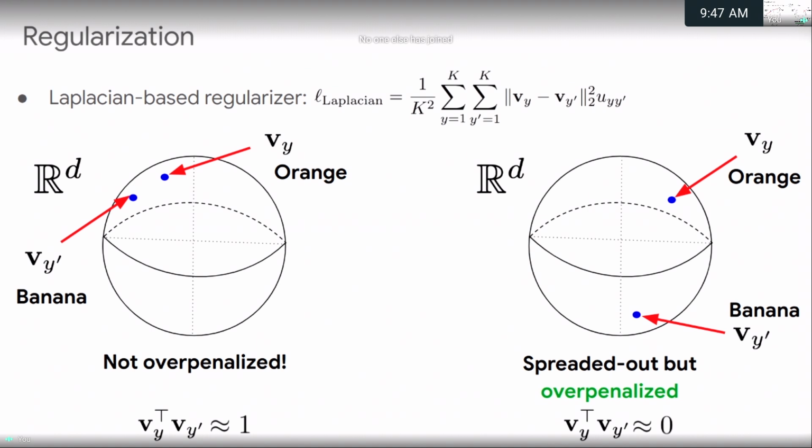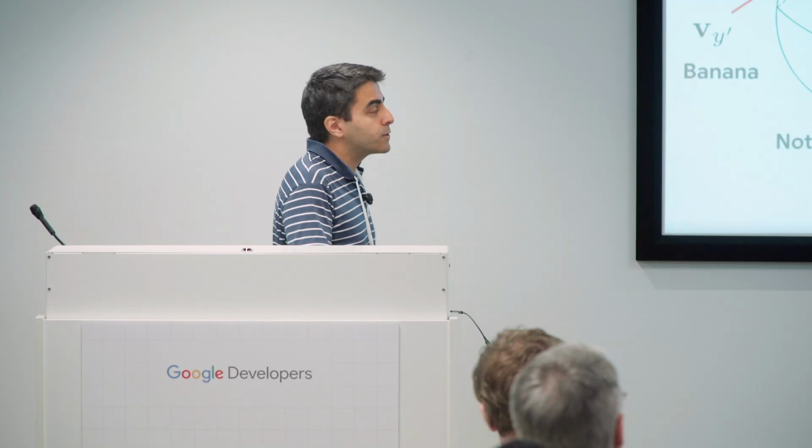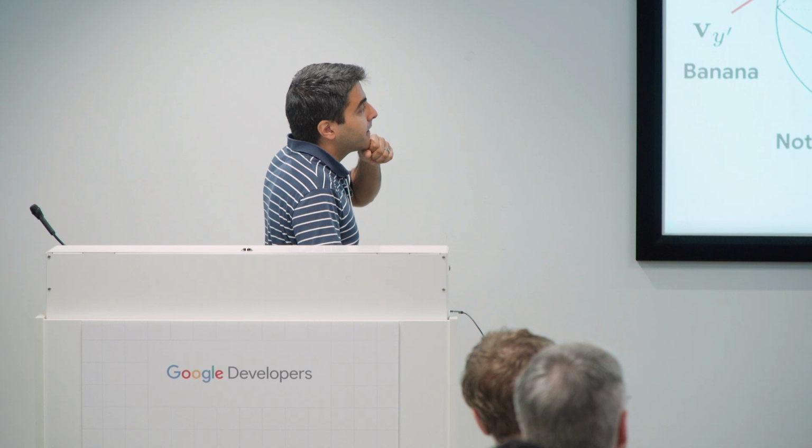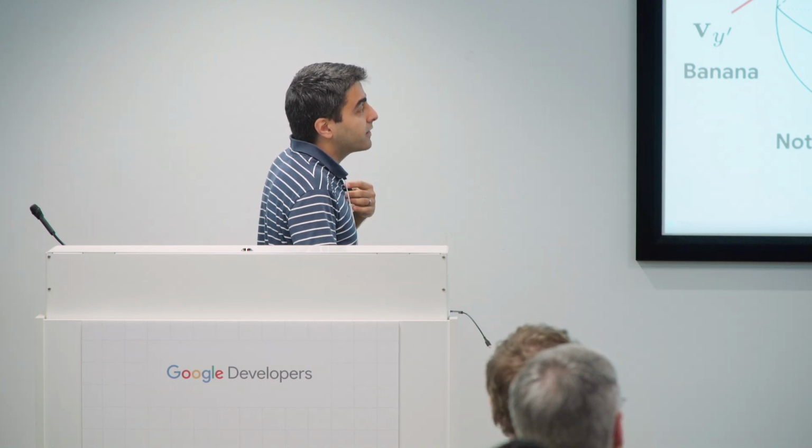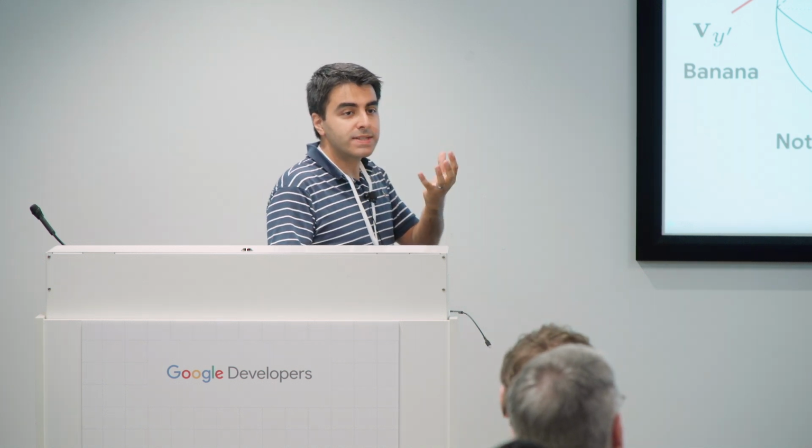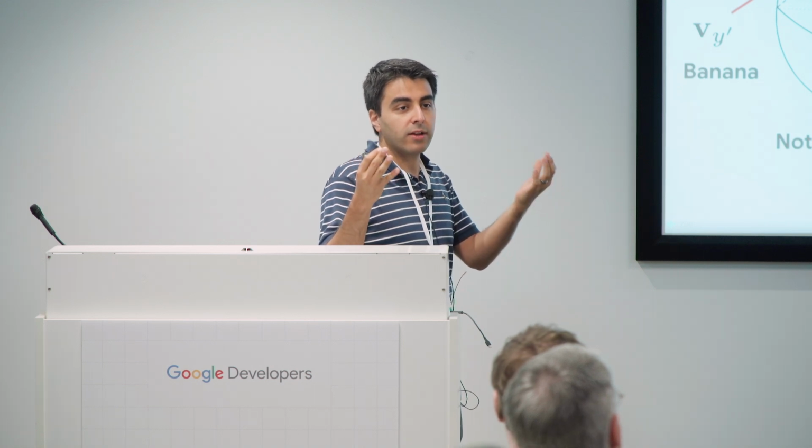So mathematically, we can write this as 1 over k squared, summation over y from 1 to k, y prime from 1 to k, the norm squared of v sub y minus v sub y prime, times u sub y y prime. Okay, so u here shows a measure of similarity between y and y prime.